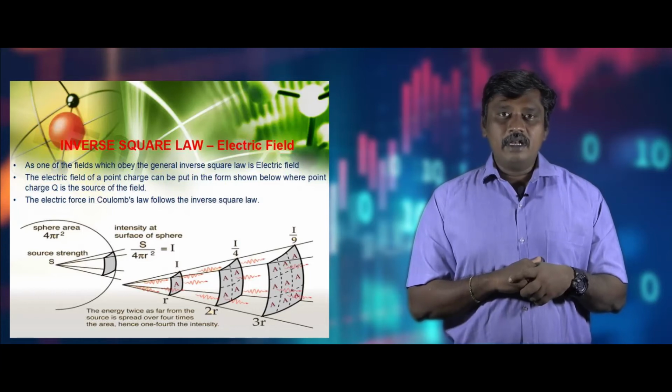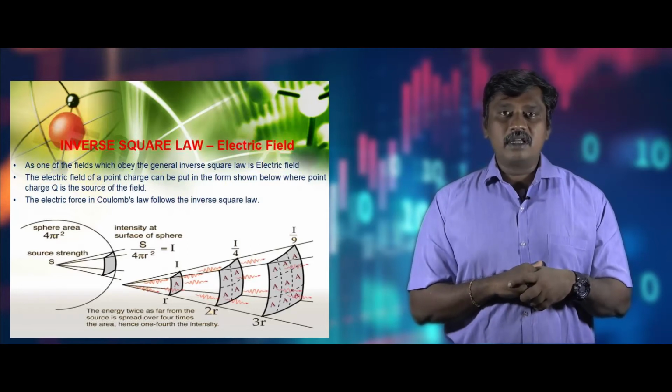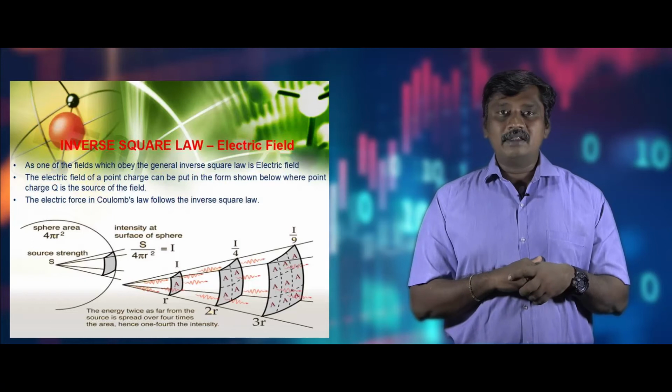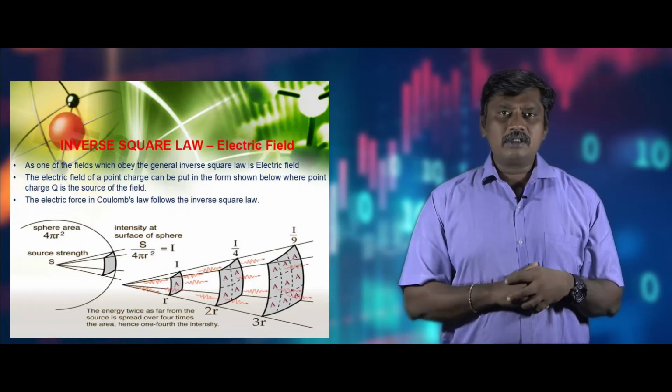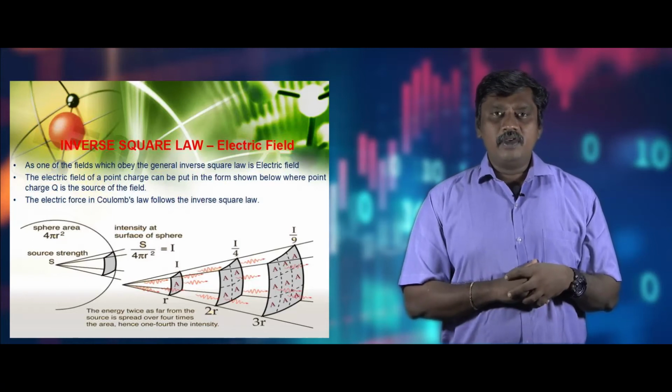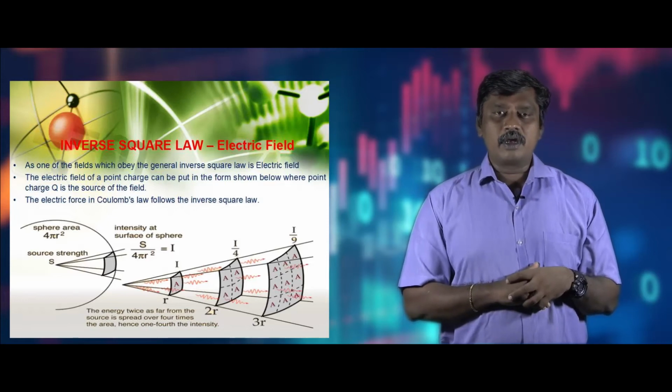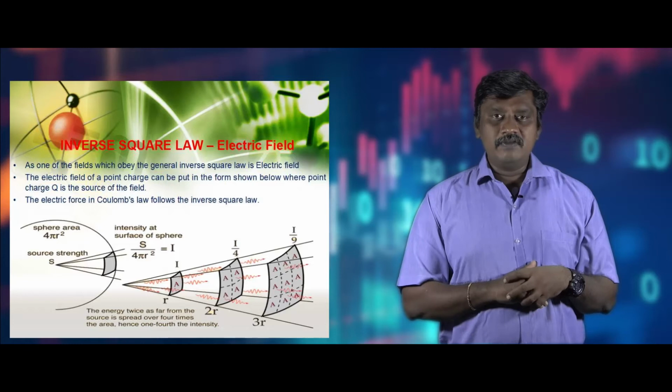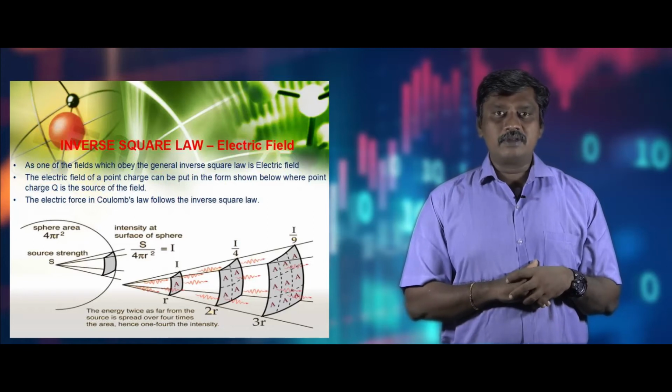The intensity I is equal to S by 4 pi r square, where 4 pi r square is the surface area of the sphere and S is the charge strength. Instead of these constants, if we put the proportionality symbol, then I is proportional to 1 by r square. The intensity of the electric field is inversely proportional to the square of the distance between the two charges. That's why the electric field obeys the inverse square law.